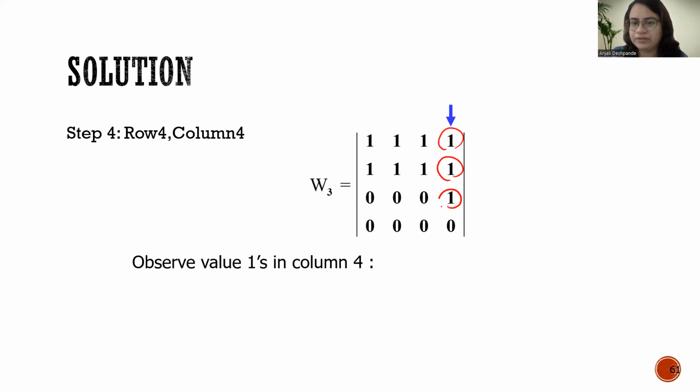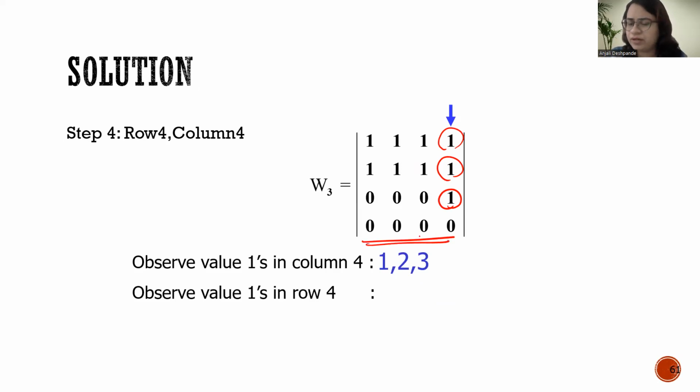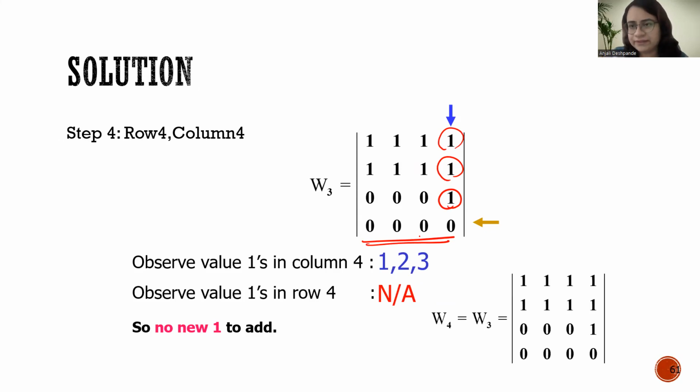Right? 1, 2, and 3. Whereas row 4 does not have any 1. So that means it is not applicable. So can you actually form any pairs? It's not possible. So you don't perform any change. You keep W3 as it is. The same will be your W4. W3 is equal to W4.